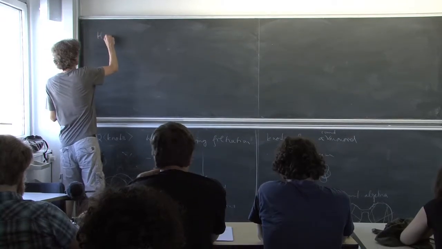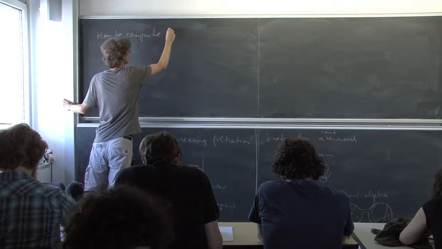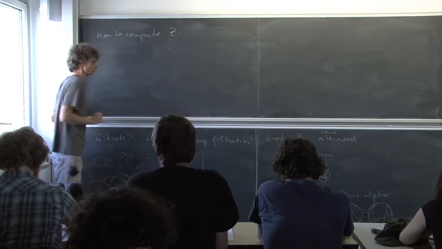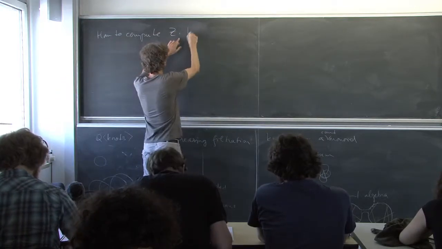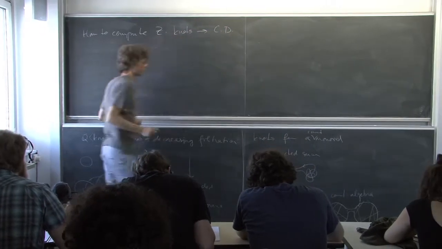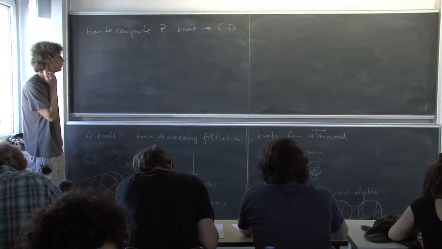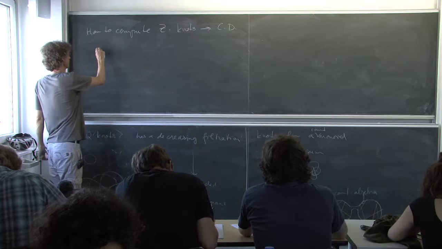So Z, that's going from knots to chord diagrams, and what we need is an associator.